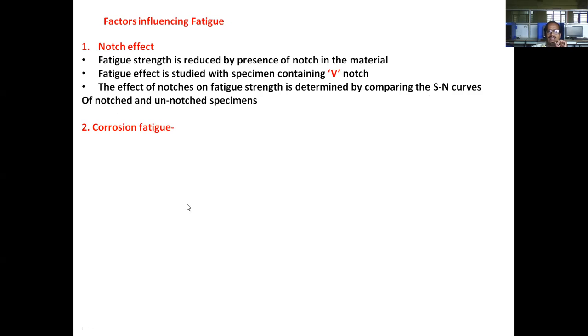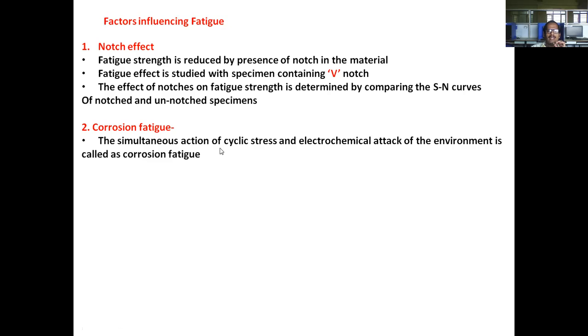Then corrosion fatigue. This is again a severe type of failure of material. Corrosion we have already studied. It is the electrochemical attack of the environment on metals. The simultaneous action of cyclic stress and electrochemical attack of the environment is called corrosion fatigue, the combined effect. Severe corrosion leads to pitting, the formation of pits.